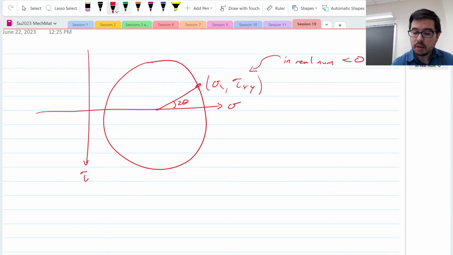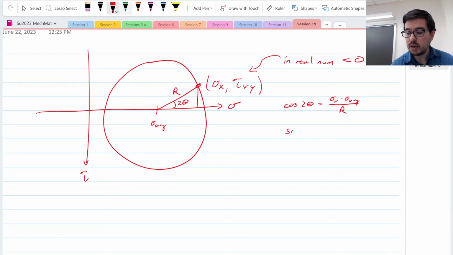But anyway, what you do is you use the property of right triangles to figure out what this 2 theta is, and you have 3 options. You know what the sigma average is as well. One is to say cosine of 2 theta is equal to the sigma x minus the sigma average over r.